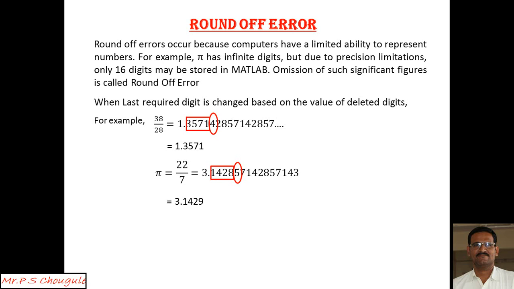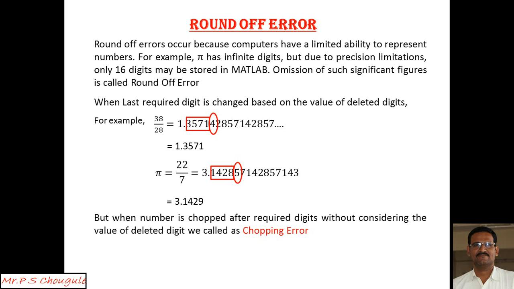Now besides this, one more term is there, chopping error, which means without looking at that digit, the number is chopped after the required digits. Suppose we need to take only 2 or 4 digits, then don't consider the remaining terms, simply delete those digits.